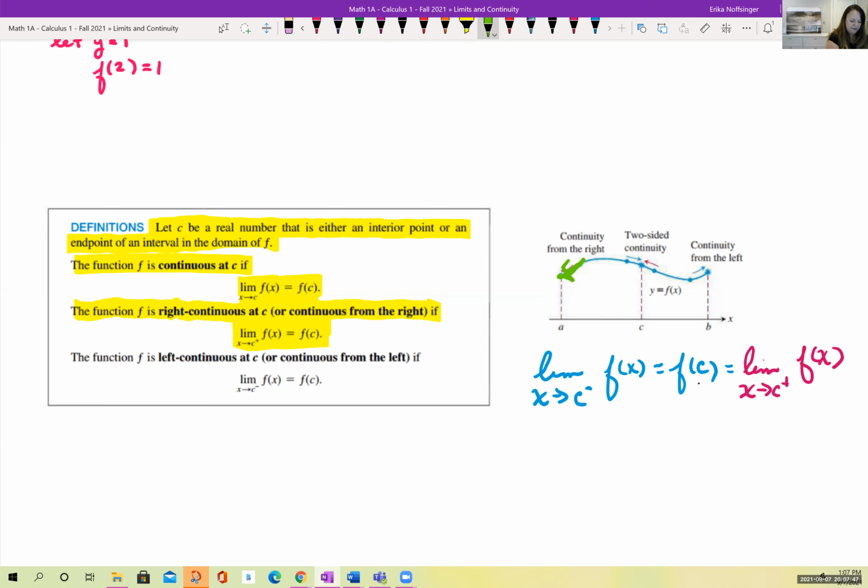Same idea from the right. So we say the function f is left-hand continuous at c, or continuous from the left, if we're coming in from the left from our f of x, and we get that y value.